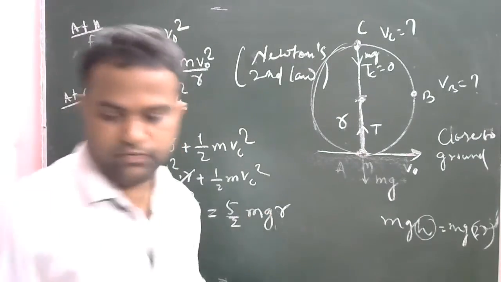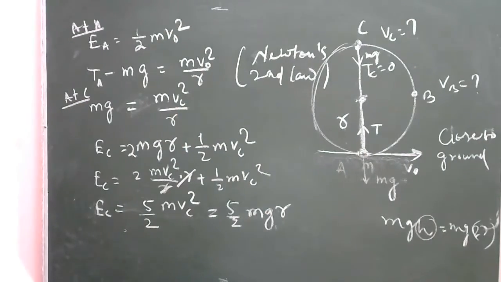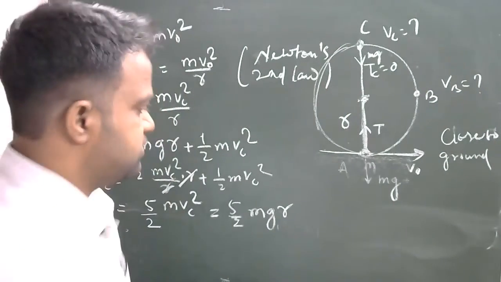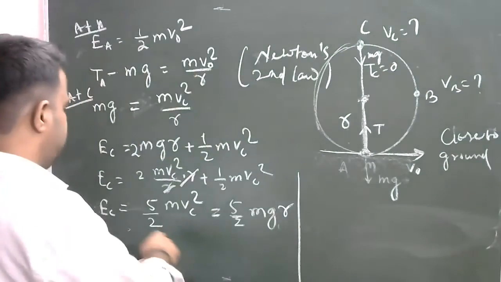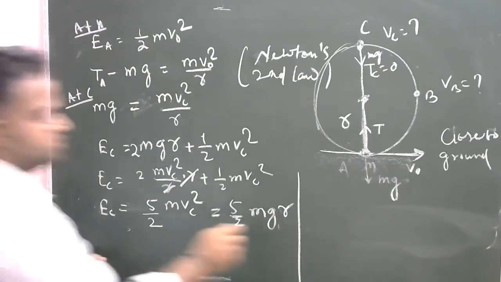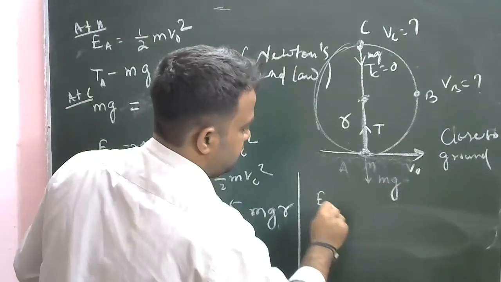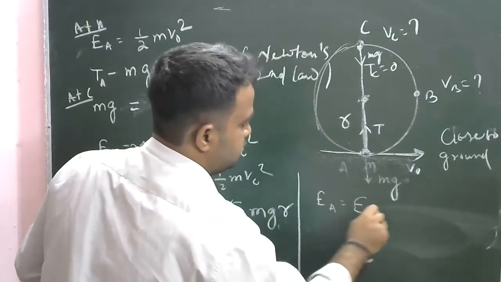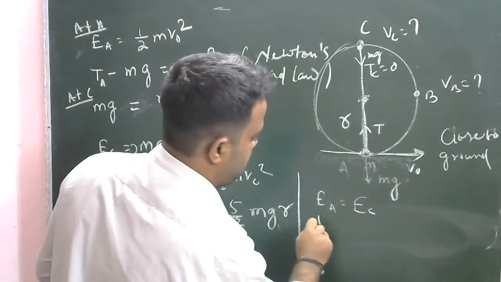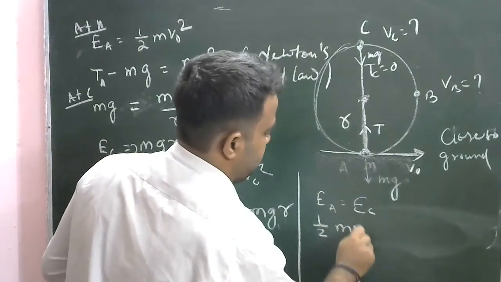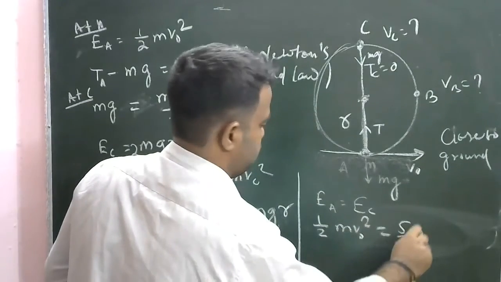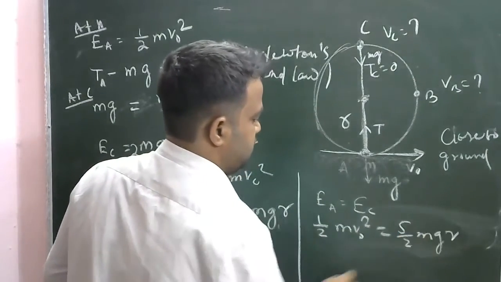So what should be the initial velocity if I want to calculate? We'll just compare these two equations, because we already have told you EA must be equal to EC. So energy EA is equal to EC. So we can write that half m v0 square is equal to 5 by 2 mgr.